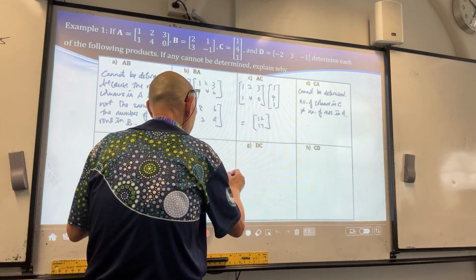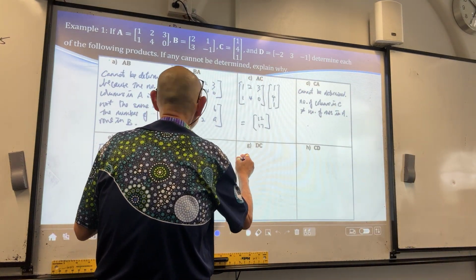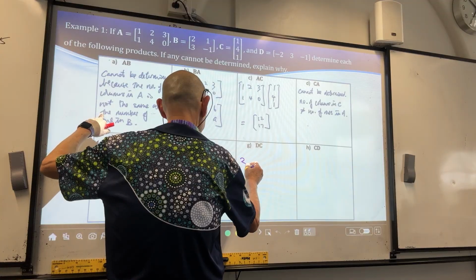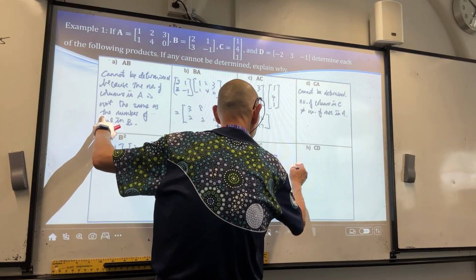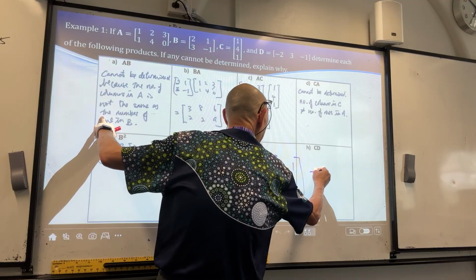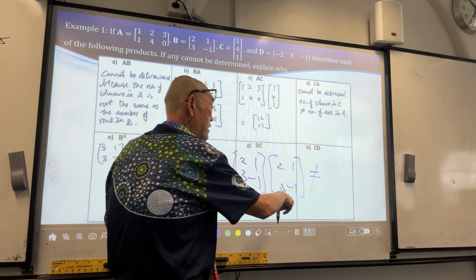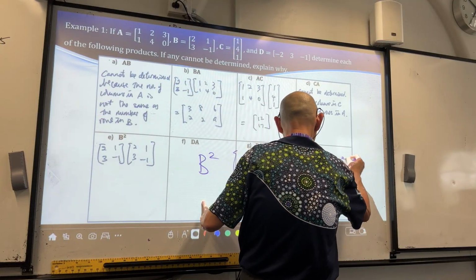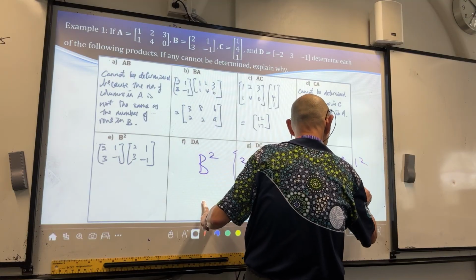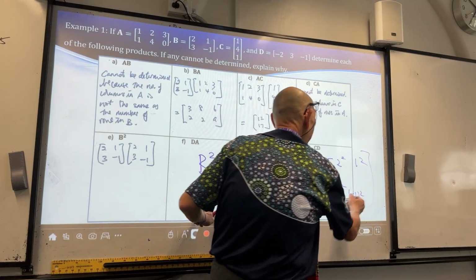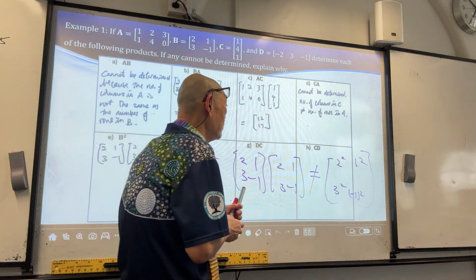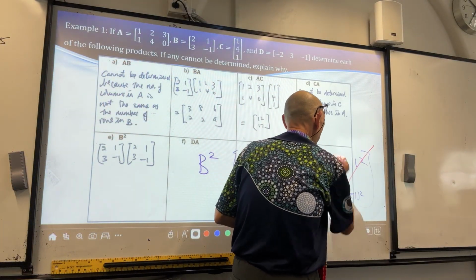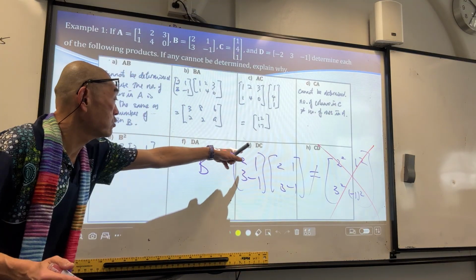B squared, which is [2, 3; 1, -1] times [2, 3; 1, -1], is not 2 squared, 3 squared, 1 squared and minus 1 squared. That is absolutely not correct. You cannot bring your square in there.